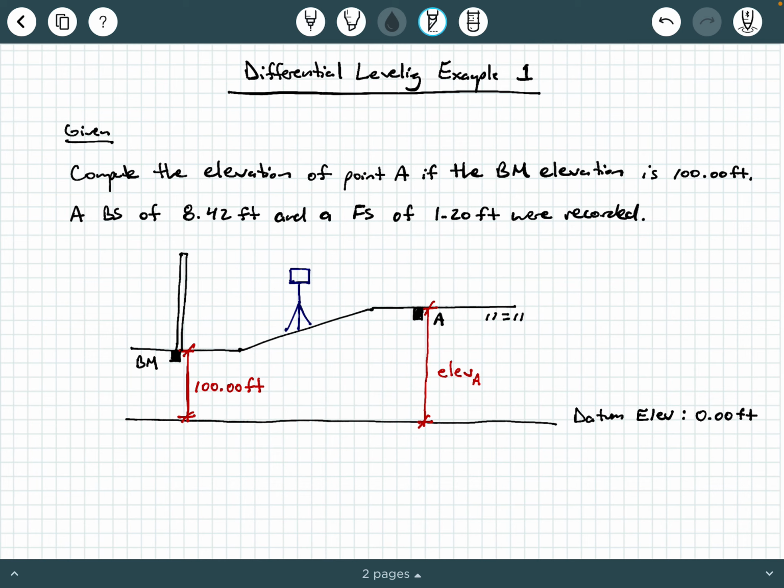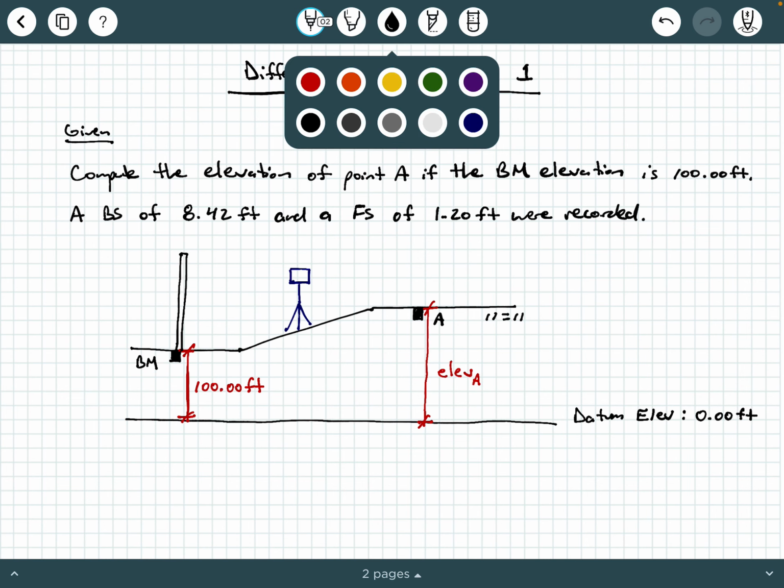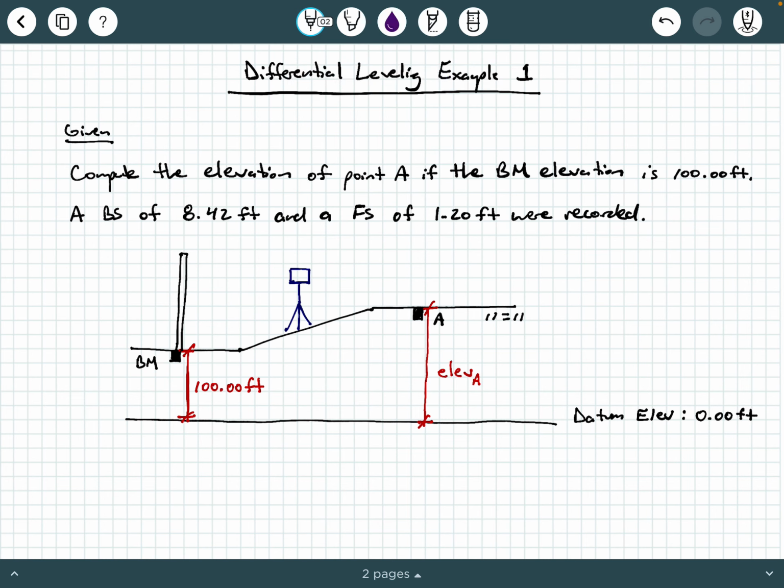For this example, that's the benchmark, and takes a back sight. What the instrument person reads, this number right here, is the back sight value. So this distance right here is the back sight, the BS equaling 8.42 feet.